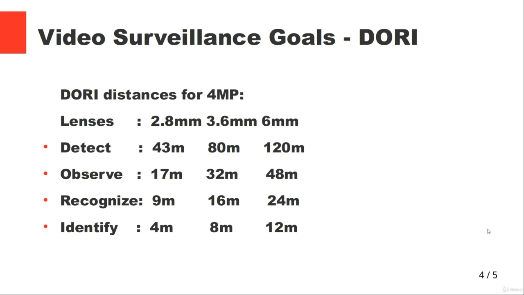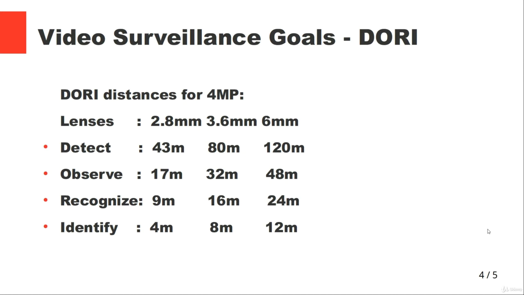In this case you have lenses of 2.8, 3.6, and 6 millimeters focal length, and for the sensor, which is 4 megapixel, you can get those different levels at a certain distance from the camera.